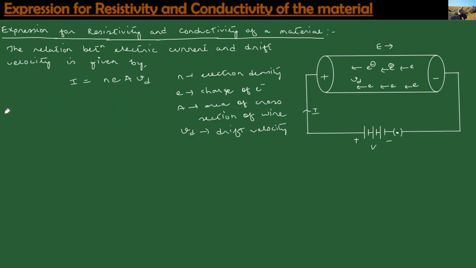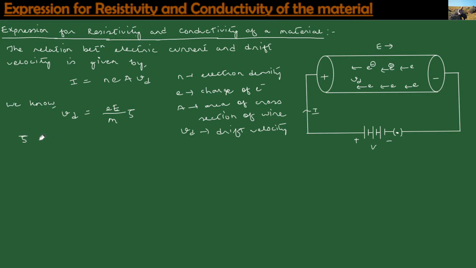Now we also know the expression for Vd. The drift velocity Vd is given by Vd = E e divided by m into tau, where E is the electric field. What is this tau?